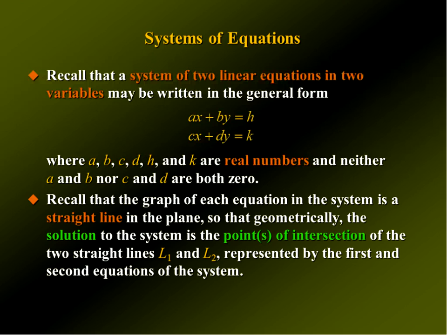Recall that the graph of each equation in the system is a straight line in the plane, so that geometrically the solution of the system is the point of intersection of the two straight lines L1 and L2 represented by the first and the second equation of the system.